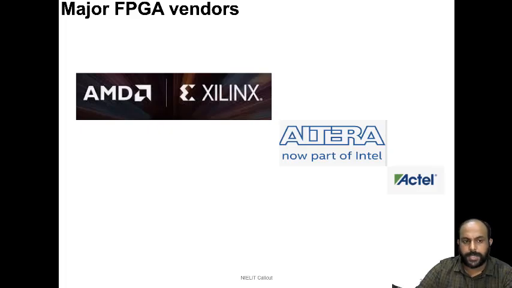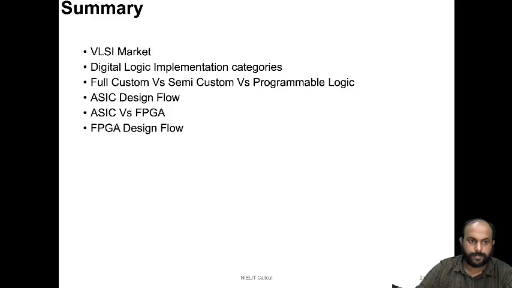You can go to these two websites, Xilinx as well as Intel, along with other vendors like Actel, Lattice Semiconductors, Cypress Semiconductors, and so on. You will find plenty of resources related to FPGA, its design flow, its design resources, and so on.